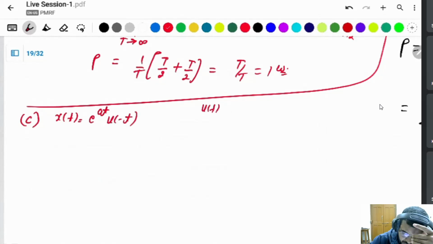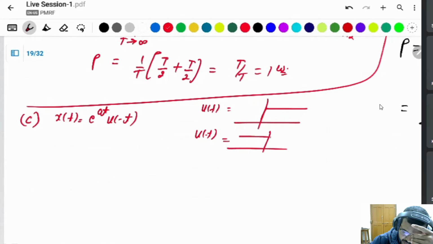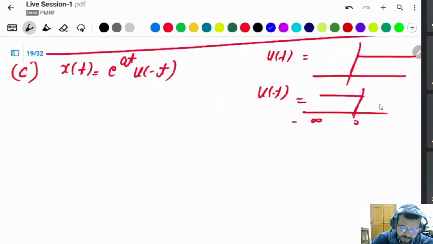You know u(t) is this one, and u of minus t is this one, from minus infinity to 0. Then the limit will be changed, minus infinity to 0 for this one.